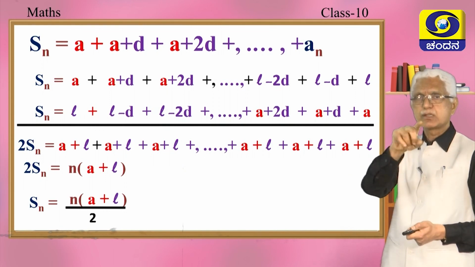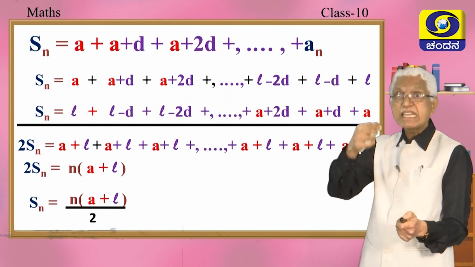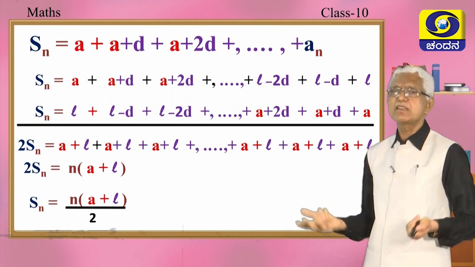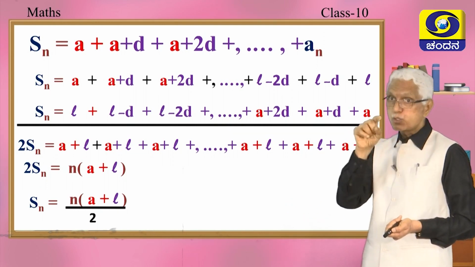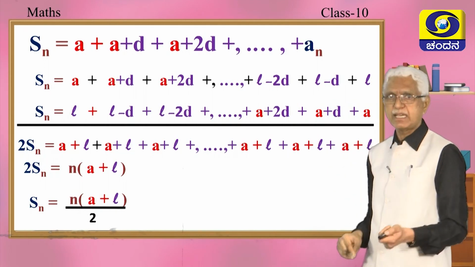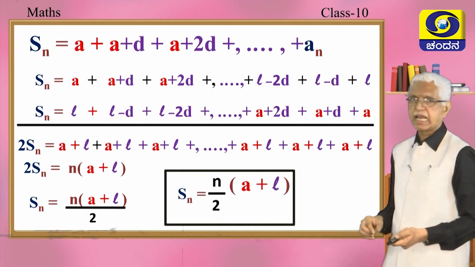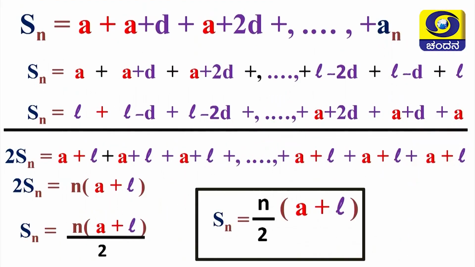So, Sn is equal to N into A plus L, whole over 2, right. This is the formula which will give you the sum of any arithmetic series where you know the last term. You should know the last term L, okay, that is good. So, Sn can be written as N into A plus L by 2, which can also be written as N by 2 into A plus L.